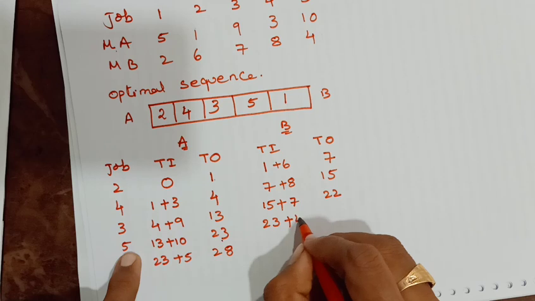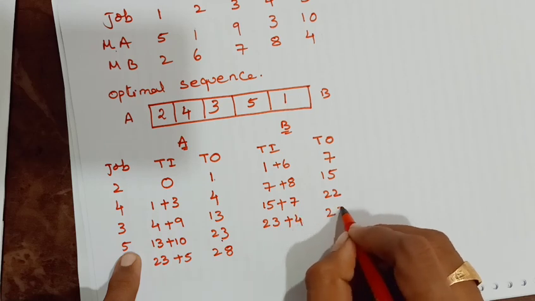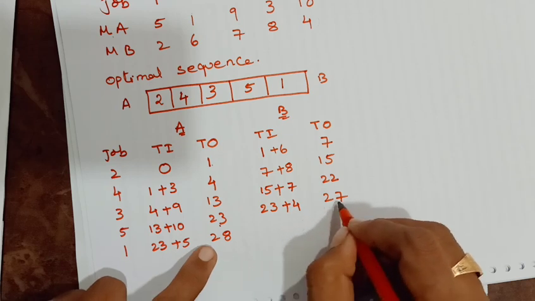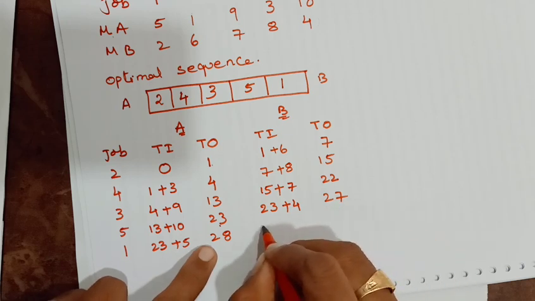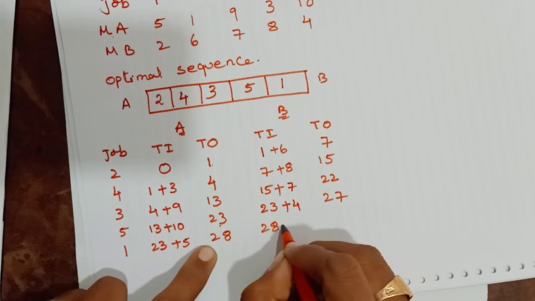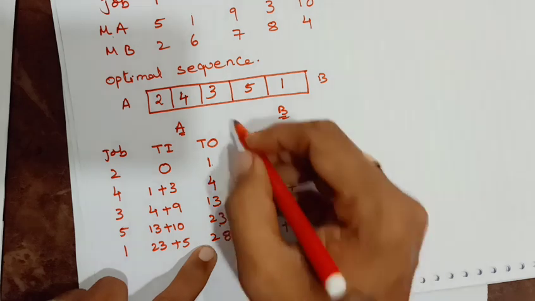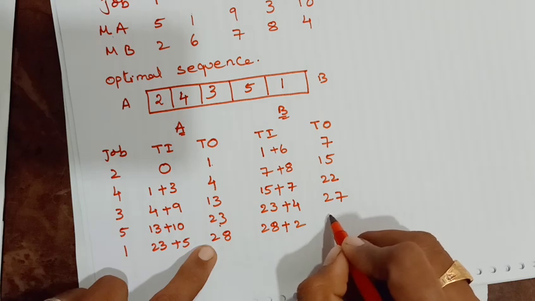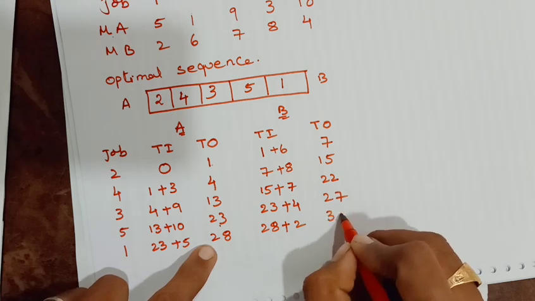So 23 plus 4 will be 27. 28 is greater than 27, so again I will be taking 28 plus job 1 processing time 2, so 28 plus 2 is 30.